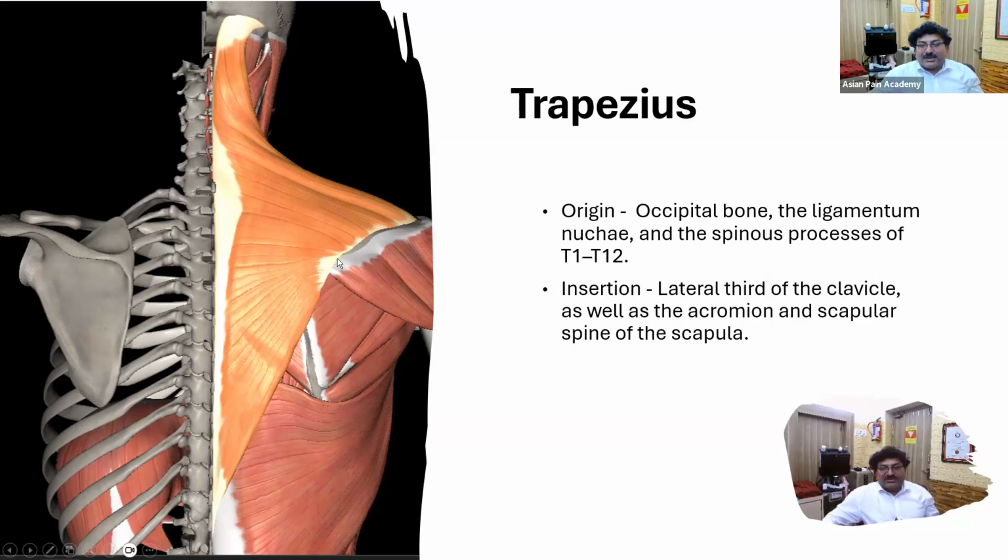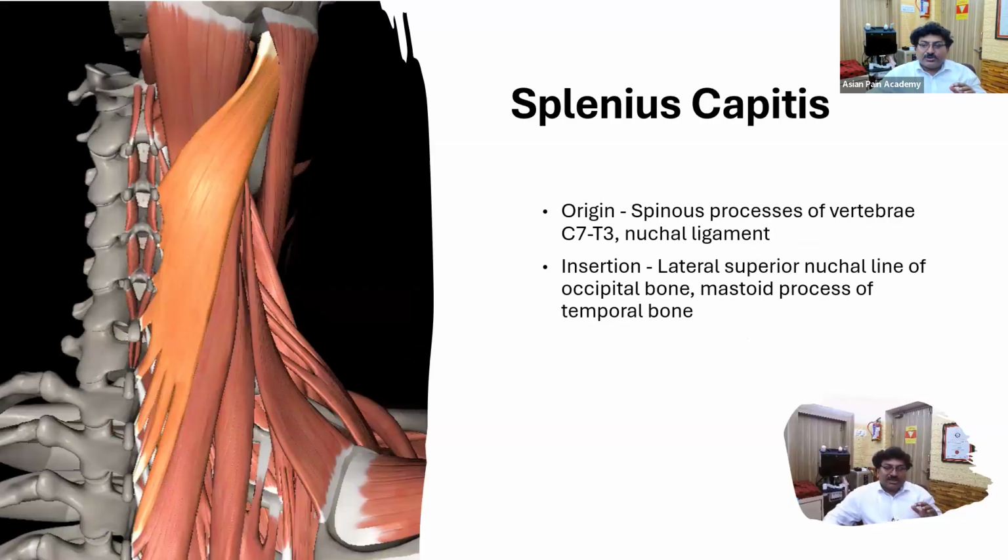That is the spine of the scapula. So this is a muscle. Remember, this muscle is prone to myofascial pain, and in a number of cases, we found this muscle commonly affected by myofascial trigger points.